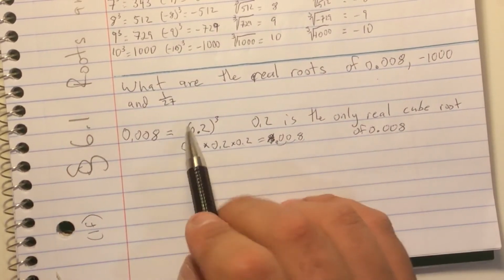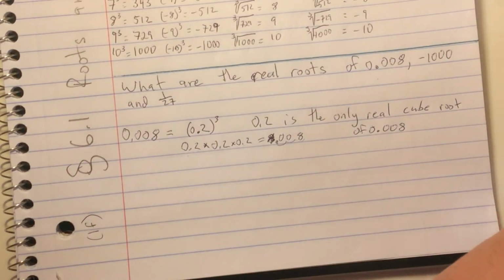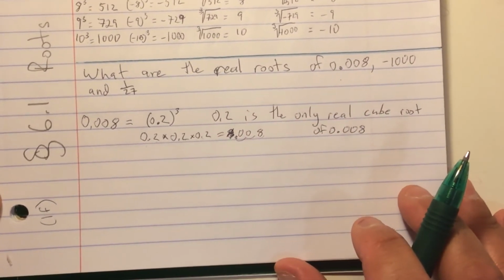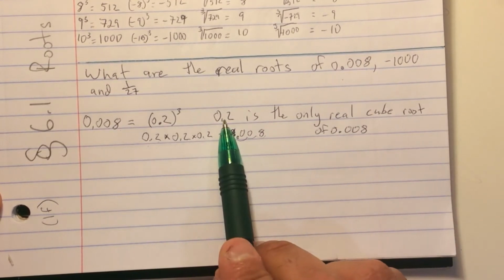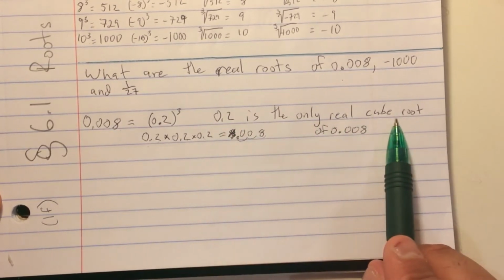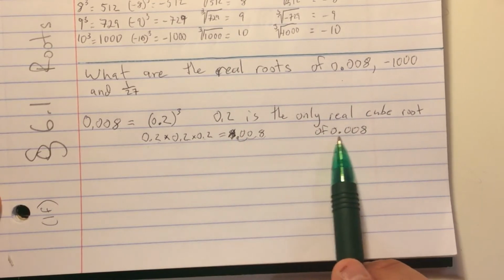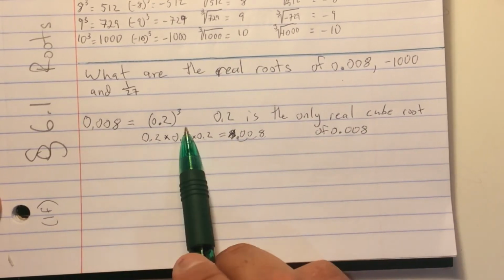So we showed you here how it kind of works. I didn't bring a lot of colors today, I only have 2, that's okay. So 0.2 is the real cube root of 0.008, and that's what we had here.